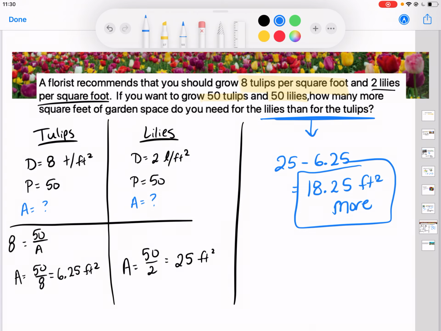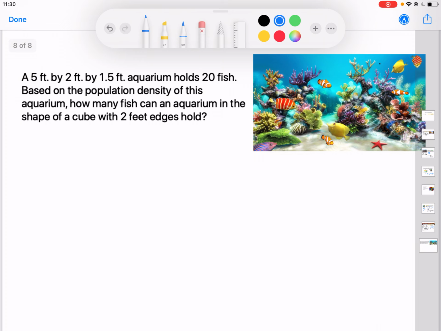All right, let's do one more. So we've got a 5 feet by 2 feet by 1.5 feet. If they give you those dimensions, it's telling us this is going to be a rectangular prism, something like this. So it's 5 by 2 by 1.5.